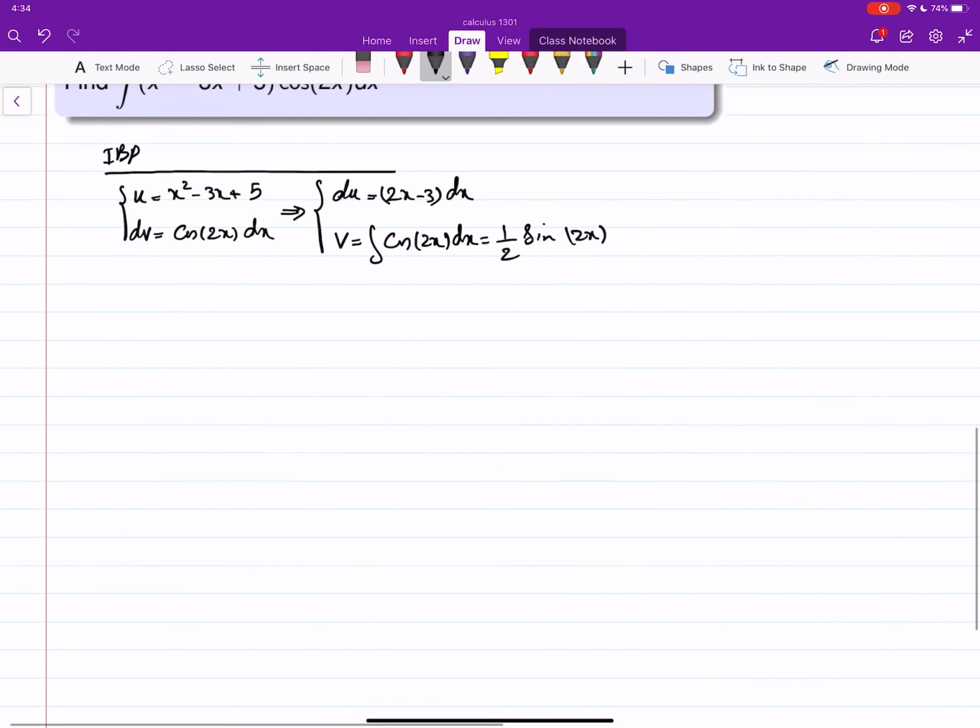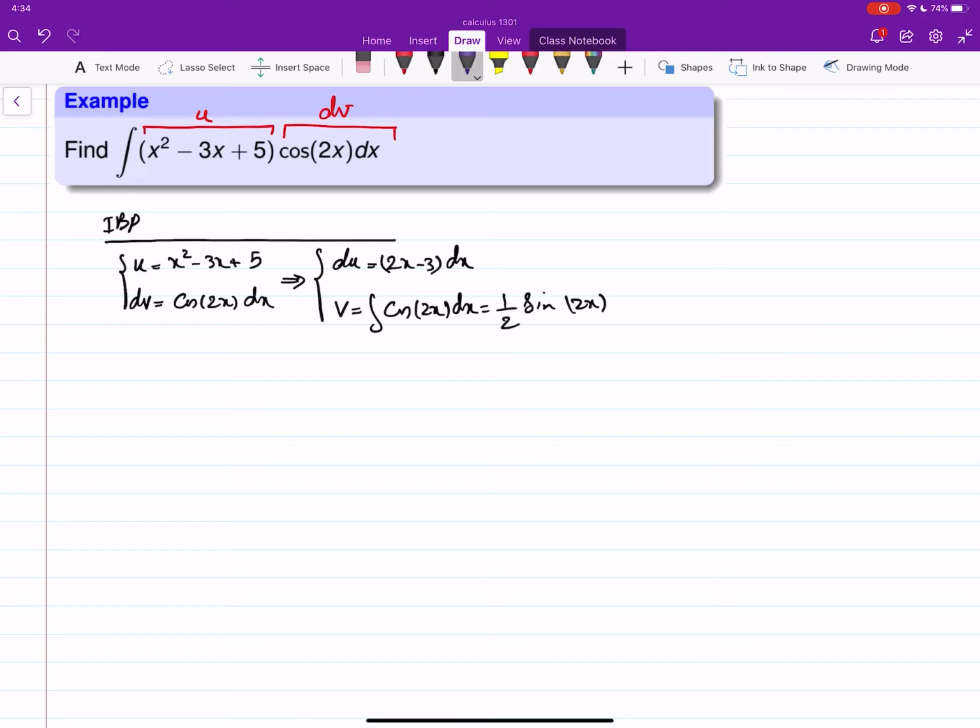Very nice. Now I want to apply IBP to the integral of x squared minus 3x plus 5 times cosine of 2x dx.